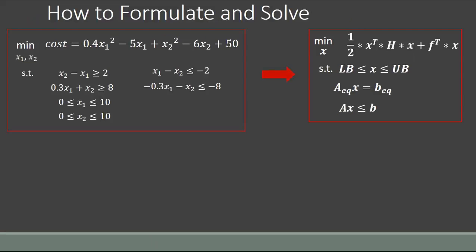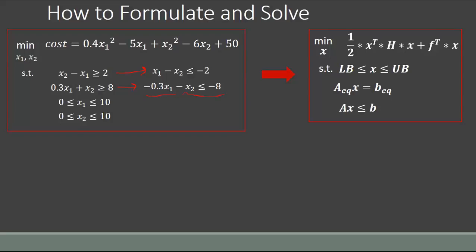So to get these to be less than or equal to constraints, we multiply each side by -1, and then we flip the sign. So now instead of x2 minus x1 has to be greater than or equal to 2, we now have x1 minus x2 has to be less than or equal to -2. And similarly for this constraint, we have minus 3/10 times x1 minus x2 has to be less than or equal to -8.